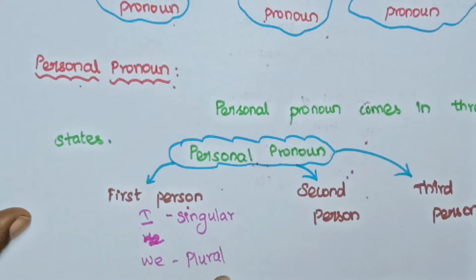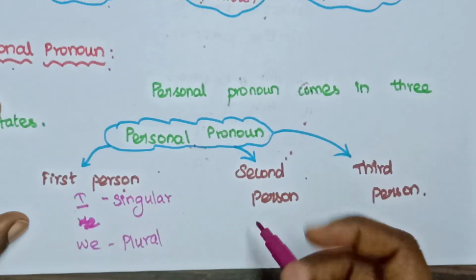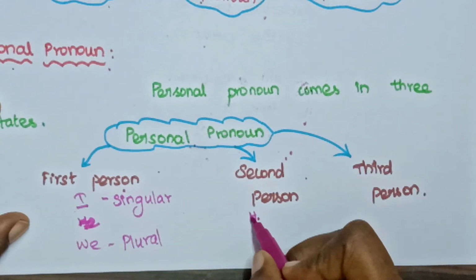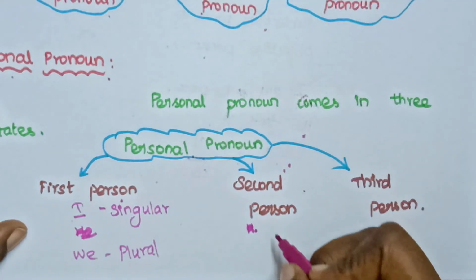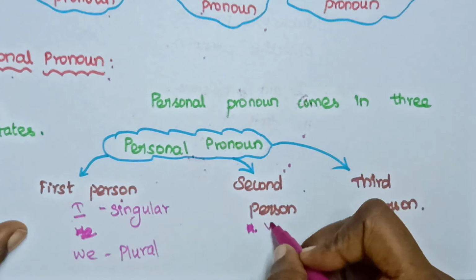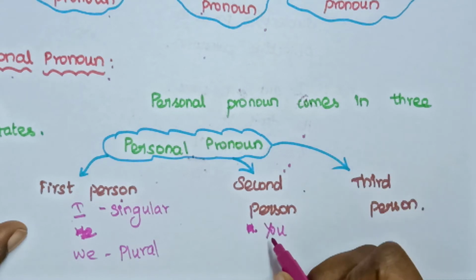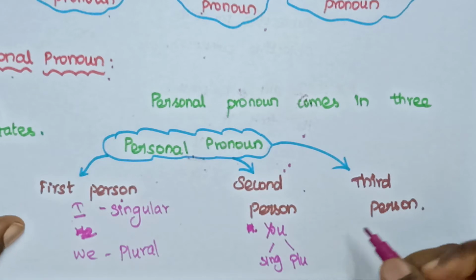So these two are first person pronouns. What are the second person pronouns? I am describing another person. So if I want to describe another person, I have to say you. So you acts as singular as well as plural.